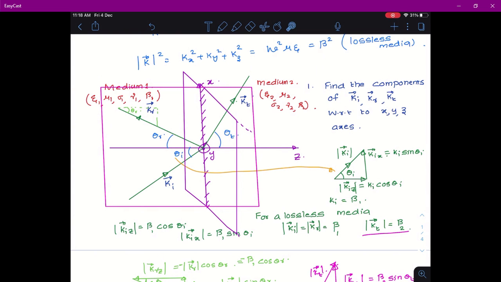So the wave is traveling in this plane, because you see the wave is in this plane, and it is getting reflected in this plane, or it is getting incident on this plane. And this plane where the wave has its vectors is called the plane of incidence. Okay. And this is the plane in which the wave is incident on the boundary.